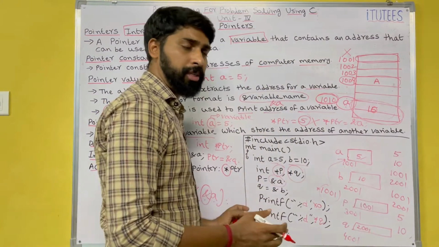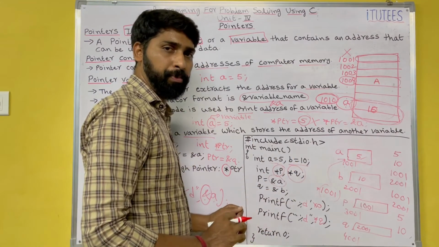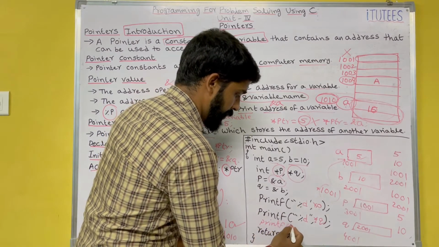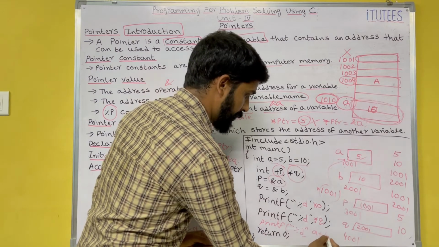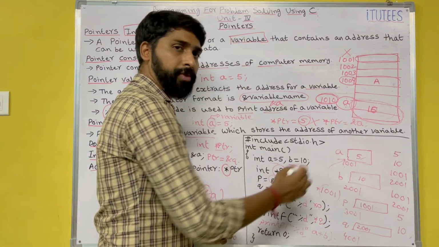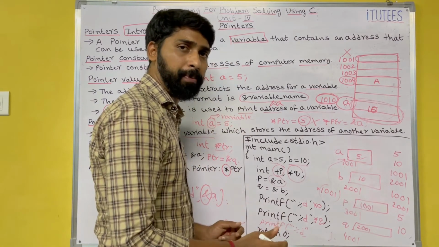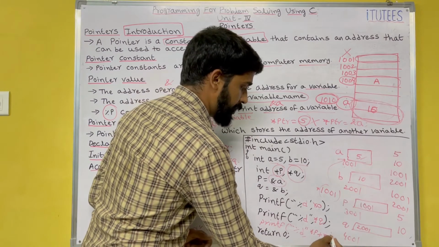Now we are going to find the addition of these two numbers with the help of pointers. How? Printf percentage d. If I write a plus b, it prints 15. But I want to access the content of these variables with the help of pointers, so I write asterisk p plus asterisk q.